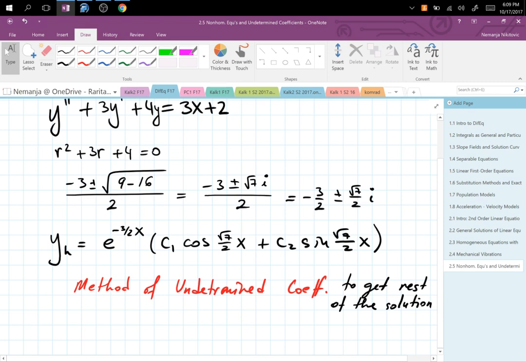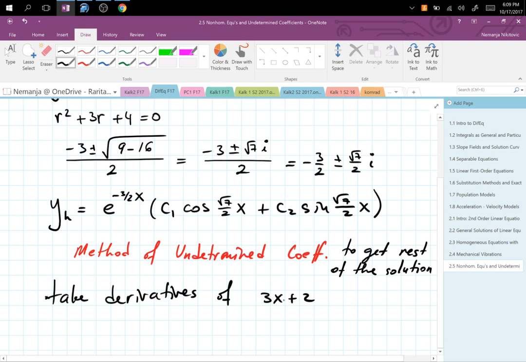So let's see the method. The method is going to take the forcing term and get derivatives, first and second derivative. So we are going to start by taking derivatives of 3x plus 2.